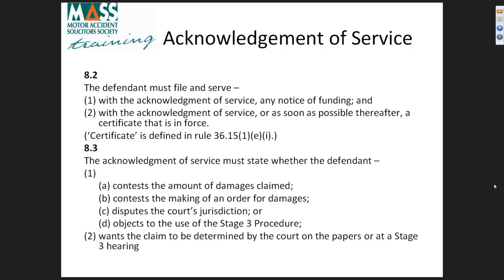But you just need to be aware that when you're seeing that acknowledgement of service, make sure it complies, because if it doesn't comply, you could make an application to strike out the acknowledgement of service and just enter judgment. And you can certainly request in front of the judge that the defendant has no right to representation, and therefore the judge shouldn't read any of the evidence on behalf of the defendant.